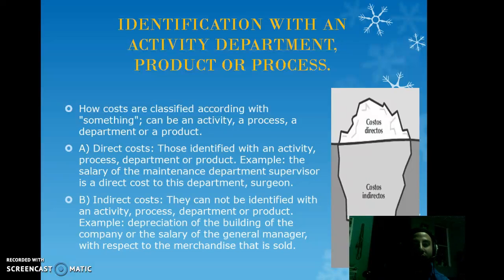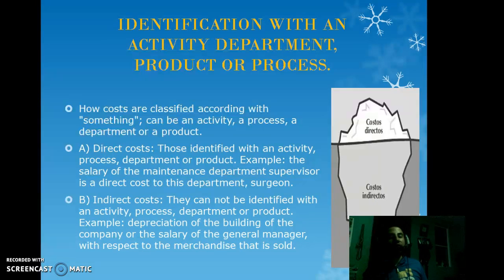Now, the identification with an activity, department, product, or process. In this section we can find two items: the direct costs and the indirect costs. Direct costs are those identified with an activity, process, department, or product.